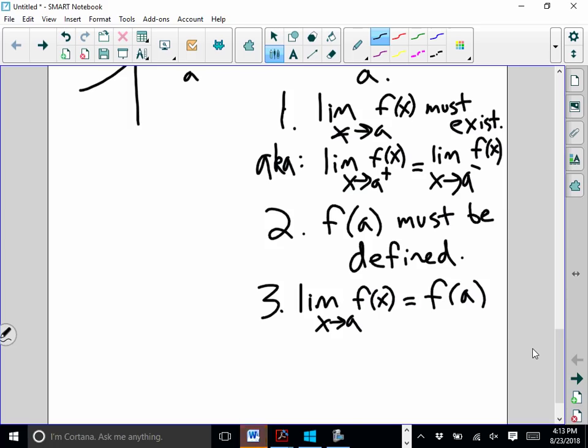Graphically, it's really easy to tell discontinuities because we just look for jump discontinuities, removable discontinuities, or infinite discontinuities. But when we don't have a graph and we don't have our graphing calculators, it can be a little more challenging. I'm going to look at three piecewise functions, and we are going to determine if these functions are continuous or not.